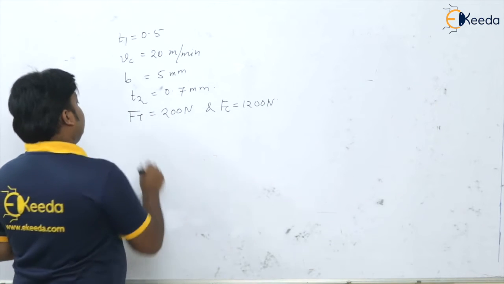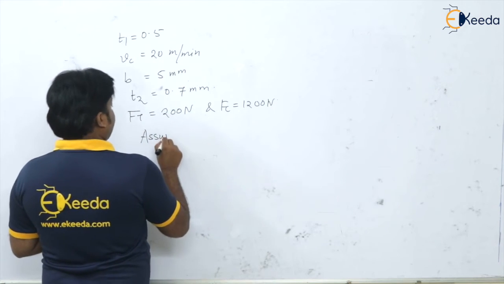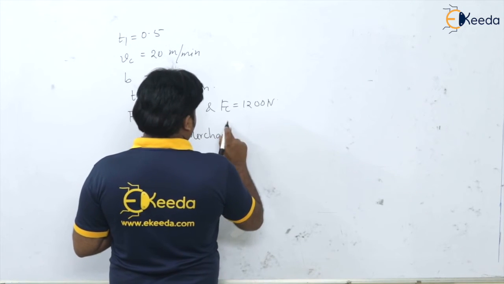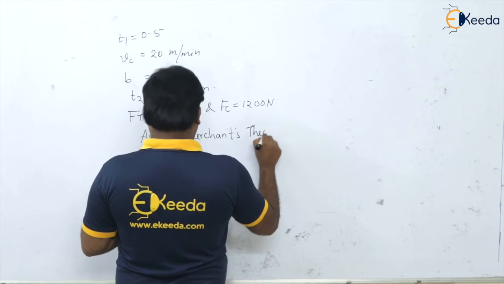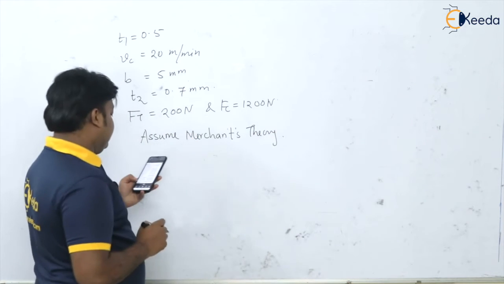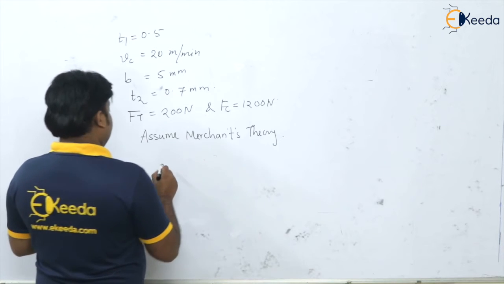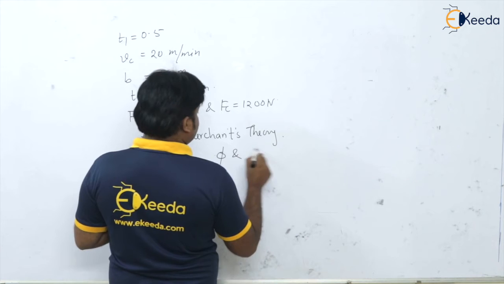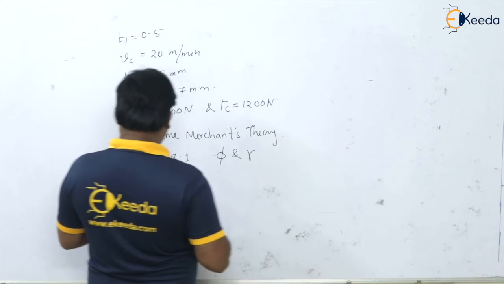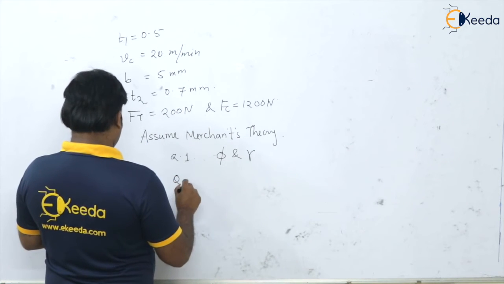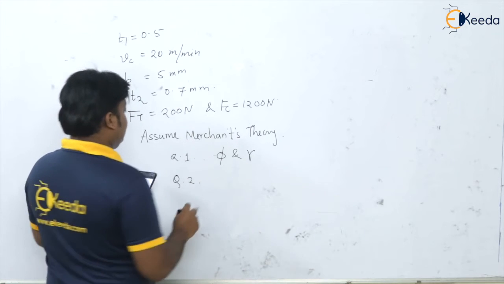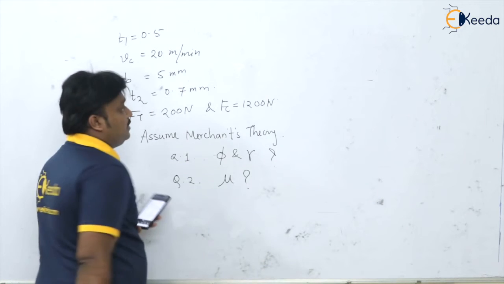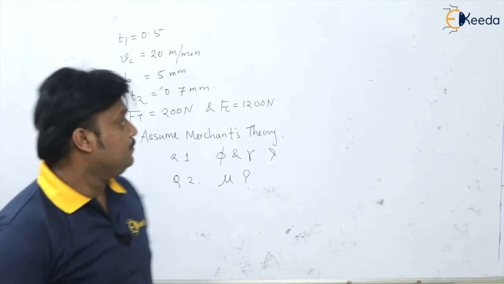Assume Merchant's theory. Question number 1: the value of shear angle and shear strain gamma. And second, the coefficient of friction at the tool chip interface, mu. Okay, so this is the question.